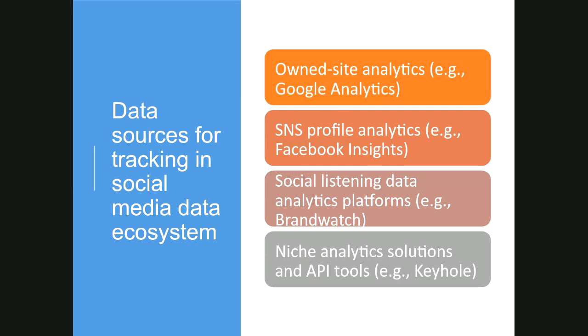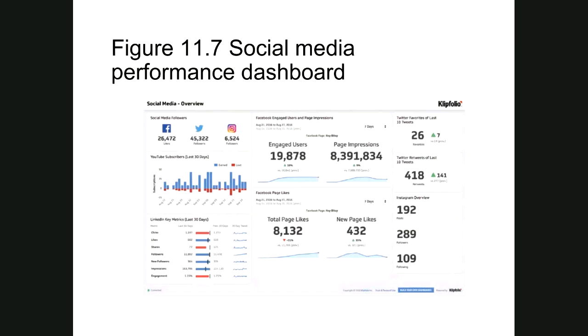So how do we do that on social media? Well, you could use Google Analytics. You can use the Insights function on Facebook. Social listening. You could have your own, or I'll give an example. Brand Watch is one. Typically, people pay for these. And Keyhole is another tool you can use. And so here's an example of a screenshot of a dashboard from Klipfolio.